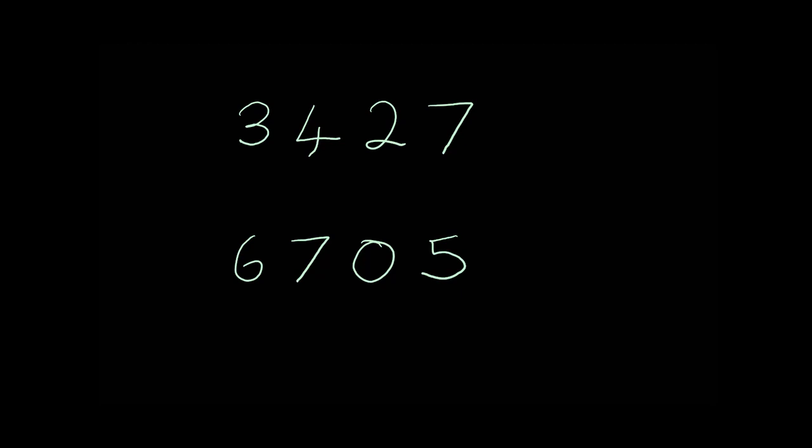So if we look at the digits that are 7 in both of these numbers, the place of the 7 in this first number tells us that it's only worth 7 units, whereas the place of the digit in the second number tells us that one is worth 7 hundredths.